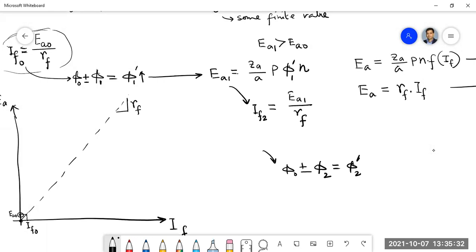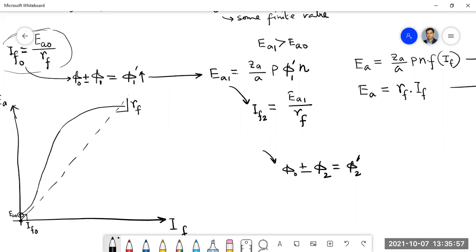The magnetization curve, sir. Okay, so that will be the magnetization curve, but it will not start from the origin, isn't it? From EA0, sir. From EA0. It will not start from the origin as in the case of separately excited.